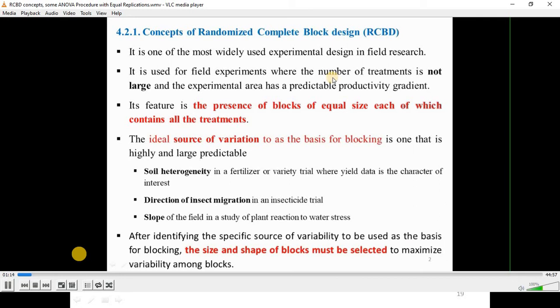In such a case, we can use RCBD, and its feature is the presence of blocks of equal size, each of which contains all the treatments.